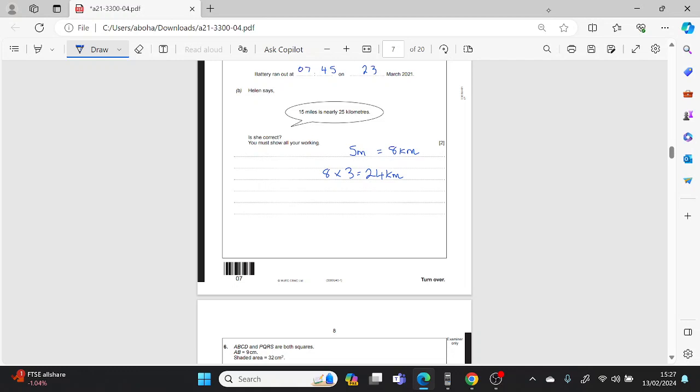So you could say, well, yes, it's nearly 25. Or you could say, no, it's only 24, depending on how harsh you want to be. But the main thing is they just need to see this conversion and some attempt at changing the miles to kilometers. So there's a yes and a no answer to this question, but just use your answer there to support that, okay?